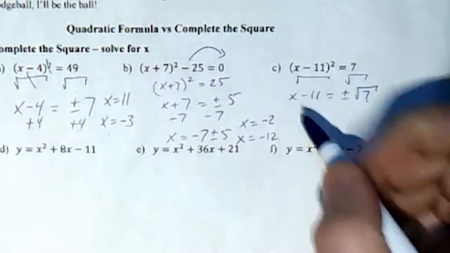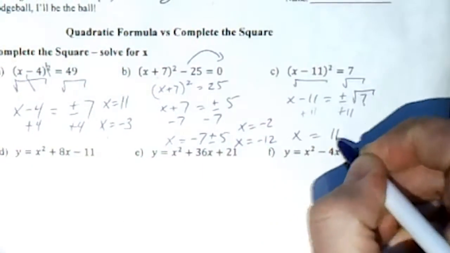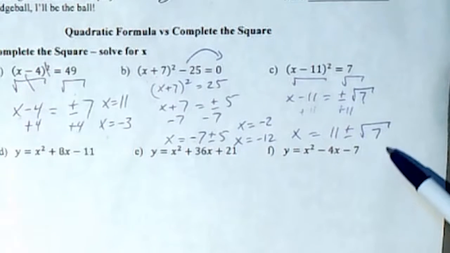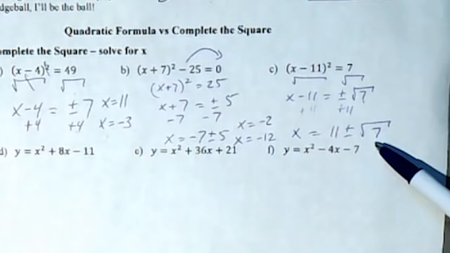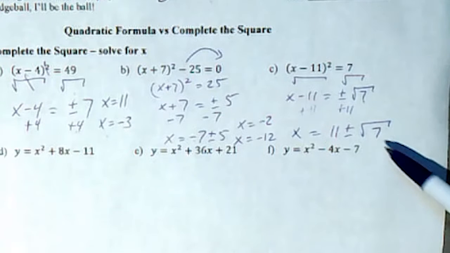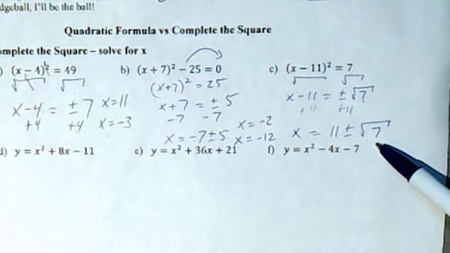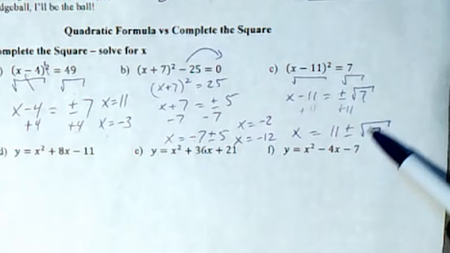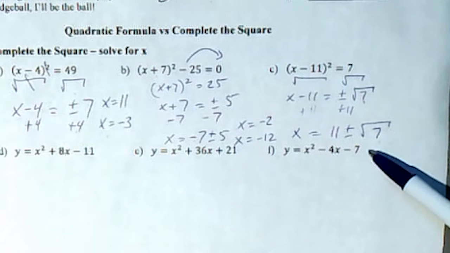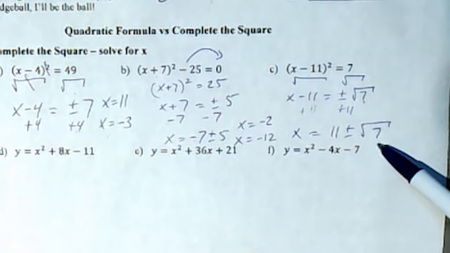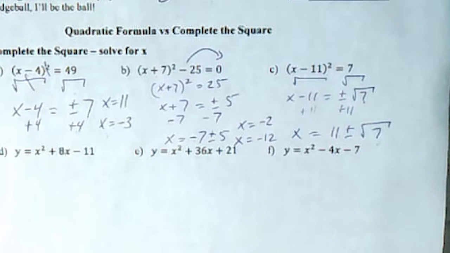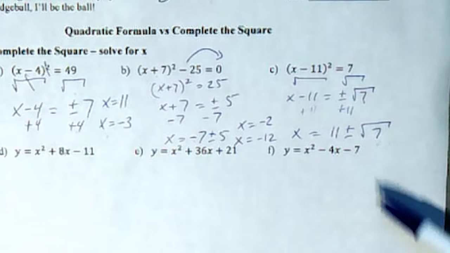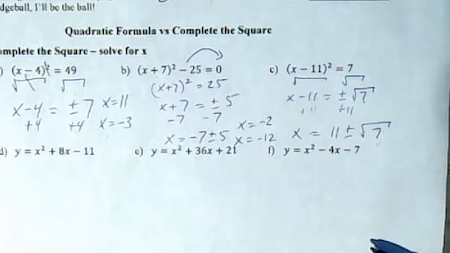So we're going to move the 11 over. And if we have a radical on the other side, all we can do is simplify it if it's possible. We're going to look for a perfect square that goes into 7. 7 is a prime number. Nothing goes into it. So we leave it like that. Do not use decimals when we have these problems.